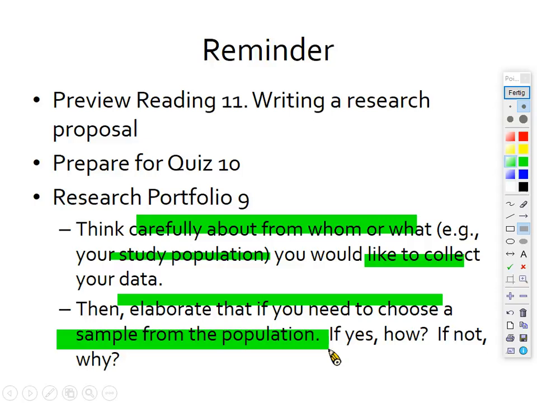If you are using quantitative research, definitely you need to have a sample from the population. If you are using qualitative research, you just go to the sample. You do not have a population sample. If yes, explain how. If not, why. Answer that, okay? And again, remember next week I will give you the survey form for your advisor selection. And now is a very good time for you to start thinking about this issue seriously and carefully.